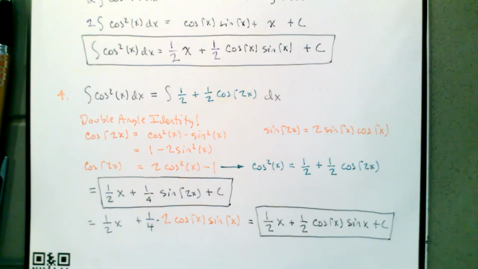So here's just the Google image search for double angle identities. And this is the first, and you can just click on the first image and it shows the double angle identities for sine and cosine and tangent. So it's not critical to remember what the double angle identities say, but it is helpful to remember that they exist.